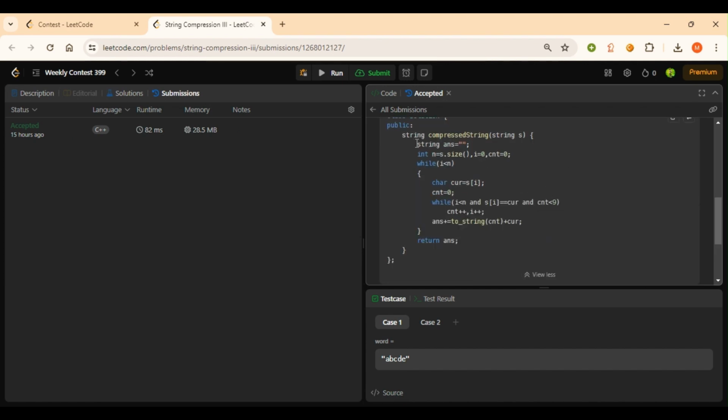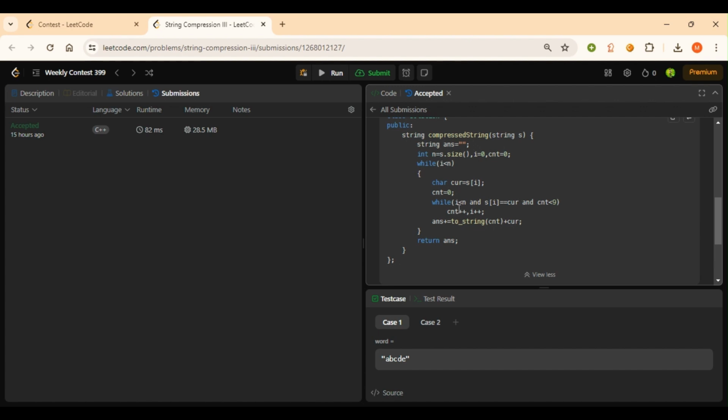I have taken this string answer, and I have taken two while loops. I have defined i here, and I have taken current as s[i], and initially we have taken count as zero. While i is less than n and s[i] equals the character, since we have assigned current to s[i], for the very first variable s[i] is going to be equal to current.